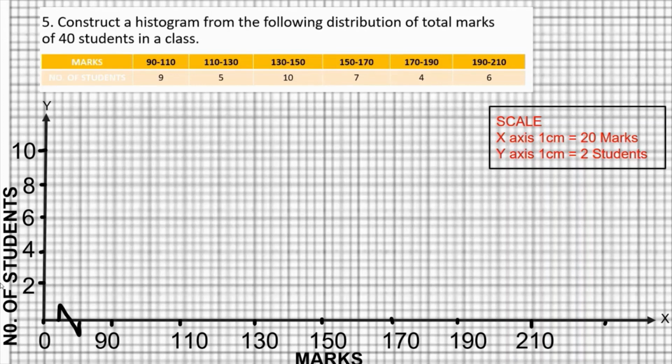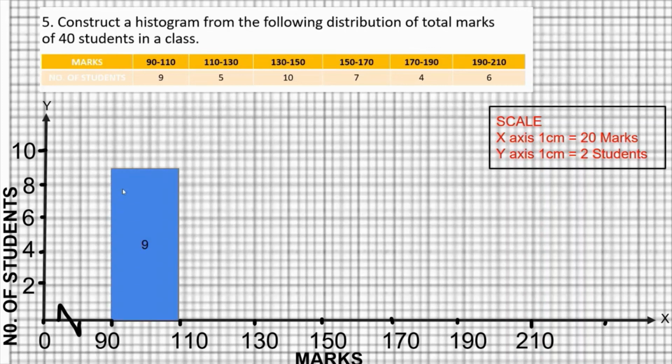So now we will plot the histogram. For 90 to 110, they have given 9. So we should take from 90 to 110 on the y-axis between 8 and 10 to plot the graph. Likewise, for 110 to 130 it's 5, so it will be between 4 and 6.